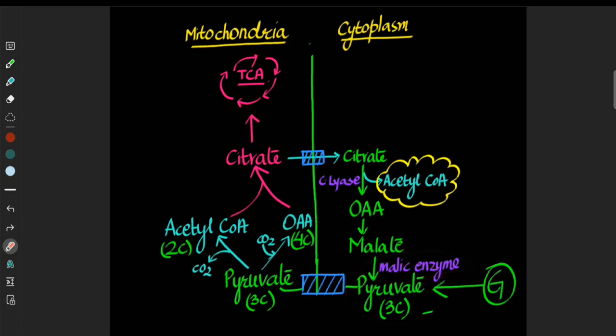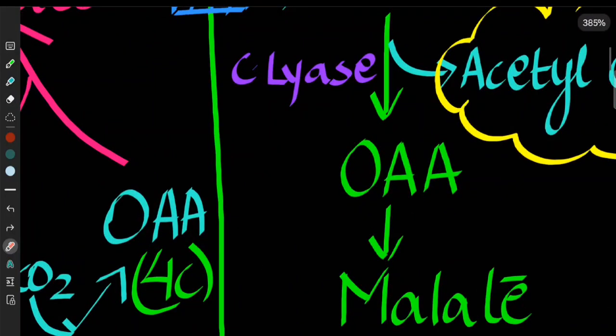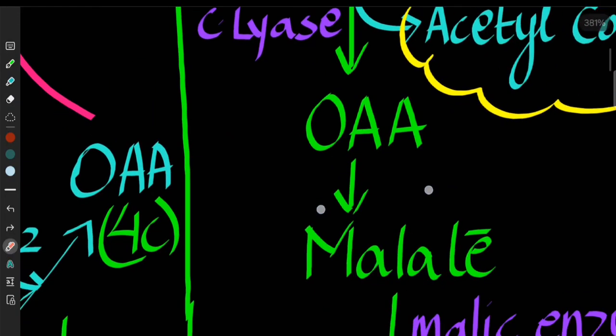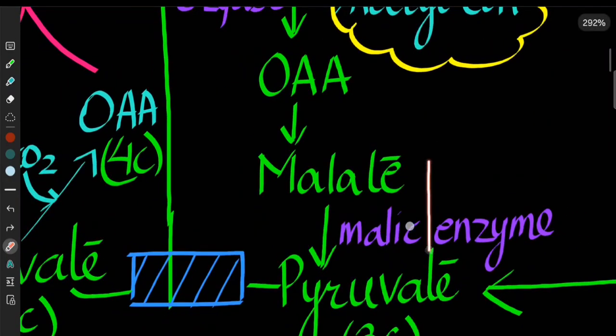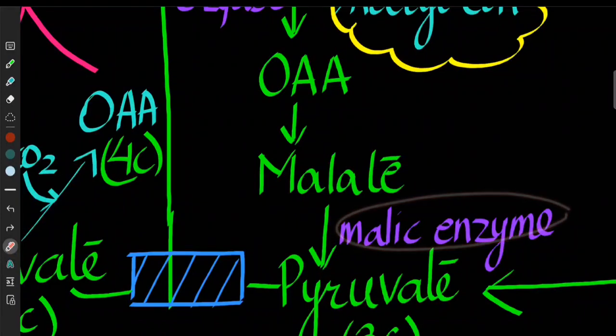Now there are other enzymes as well which participate in this particular thing, but I've not mentioned all the enzymes. So this oxaloacetic acid is a 4 carbon compound, right? Malate is also a 4 carbon compound, but when malate is being converted into pyruvate, this malic enzyme will perform decarboxylation.